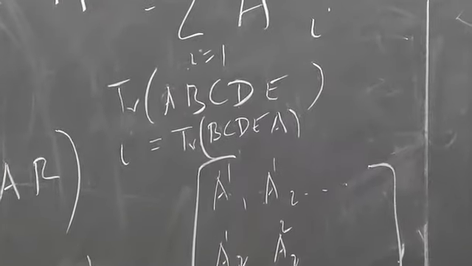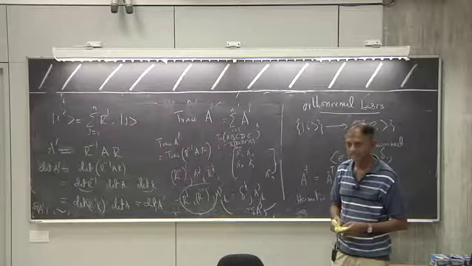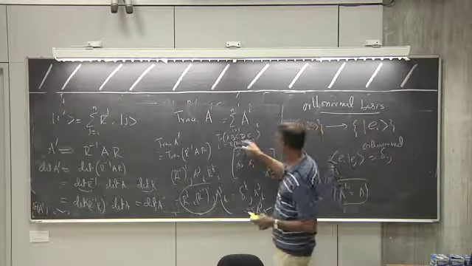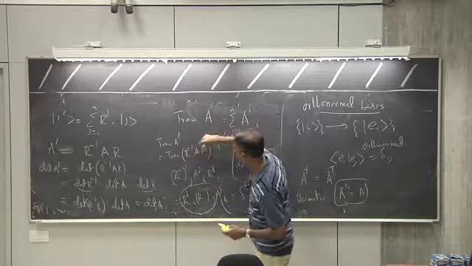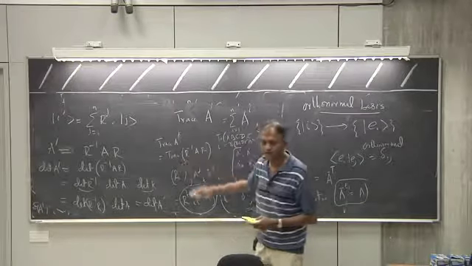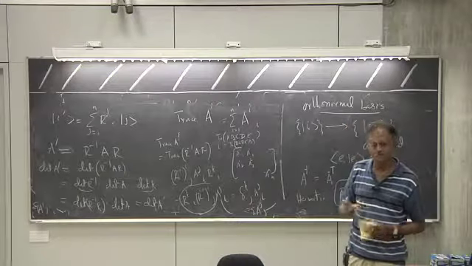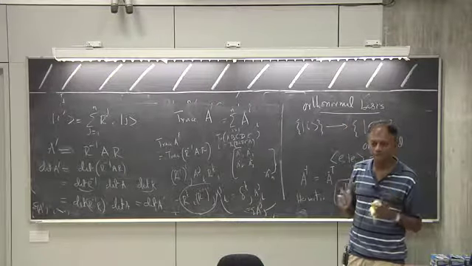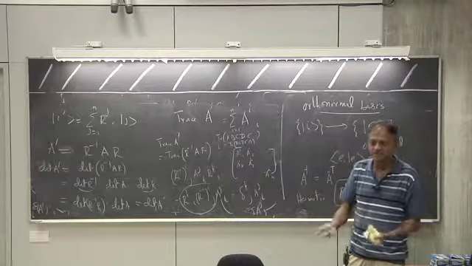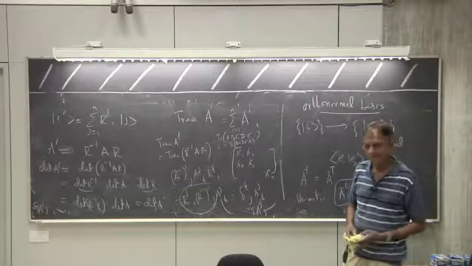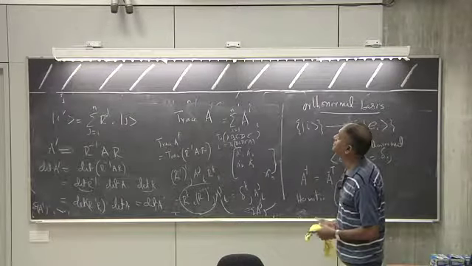This is an important property of the trace. If you knew this property, then it's immediately obvious: you just move R here, and R times R inverse is the identity. So these are two independent scalar quantities, because even changing the basis doesn't change them. This is useful to remember.